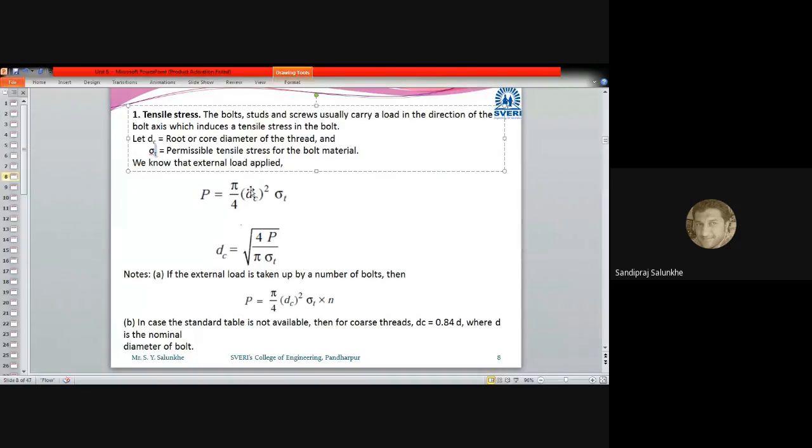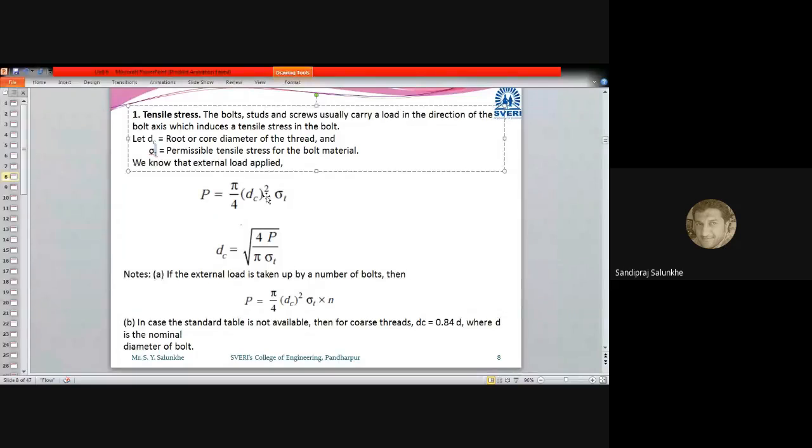Now here you are going to calculate dc, that is the core diameter, the smaller diameter. It is not a mean diameter, it is not a bigger diameter. It is the core diameter of the threads which we take for the calculation.